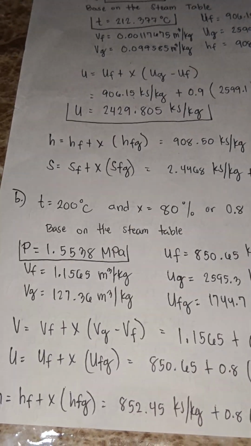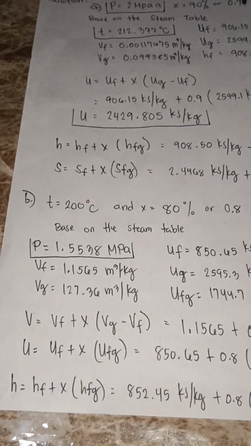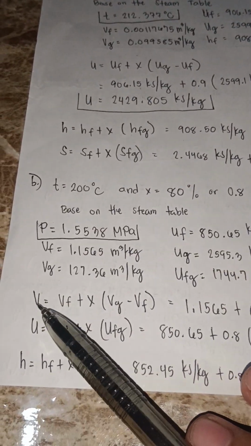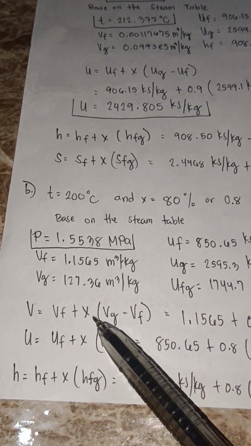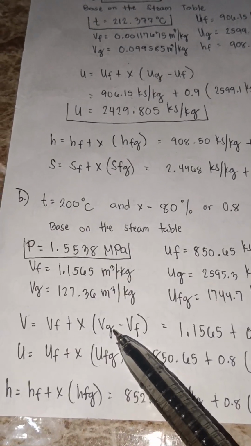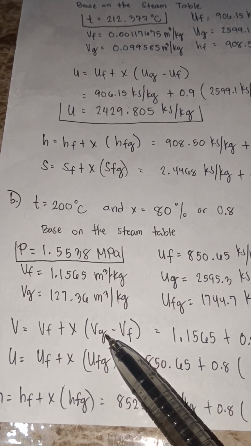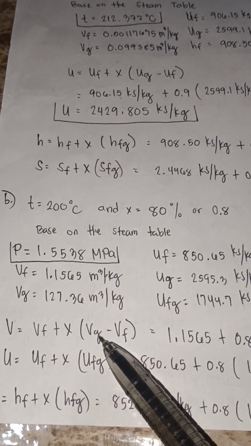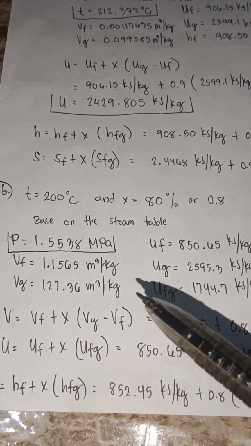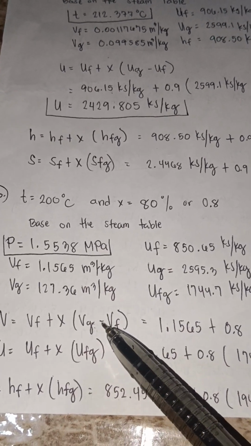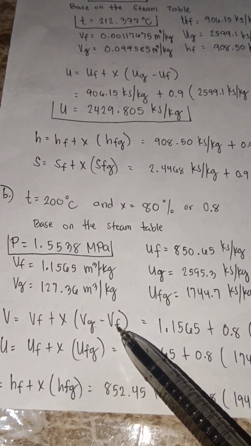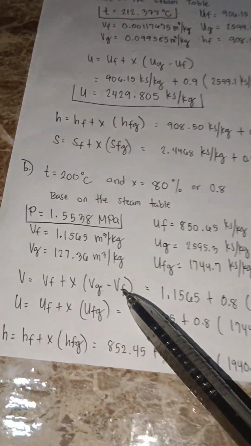So solving for the volume: volume of the saturated liquid plus the quality, parenthesis, volume of the saturated vapor minus volume of the saturated liquid, parenthesis.